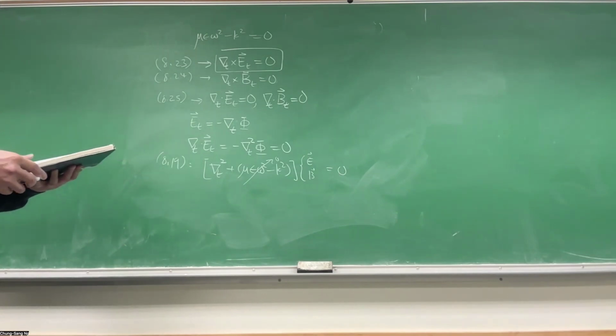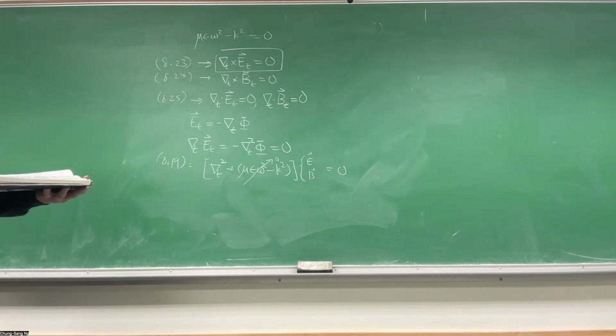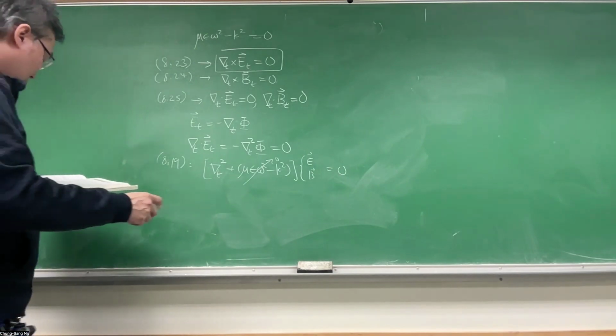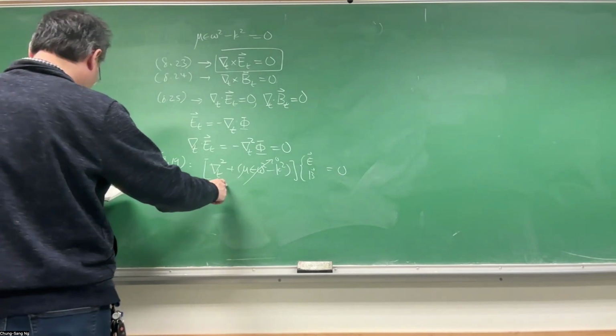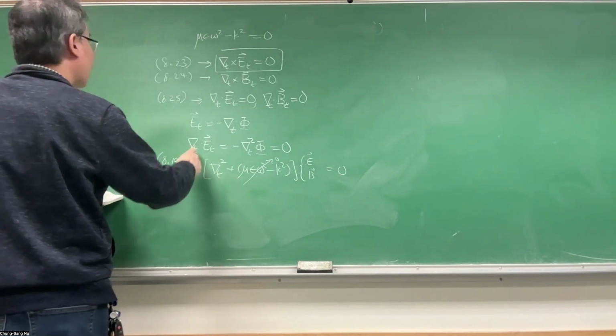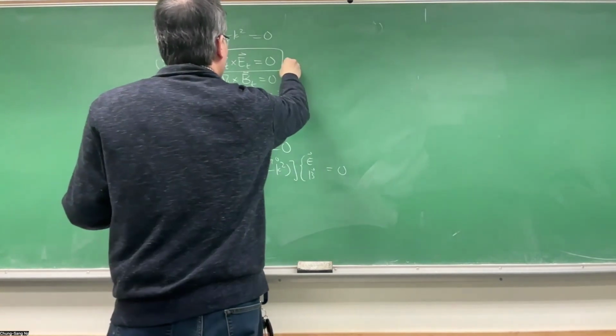Okay, and then another similarity, you can look at again the relation 8.23 or 24, because now you can relate E_t and B_t. So 8.24 again.